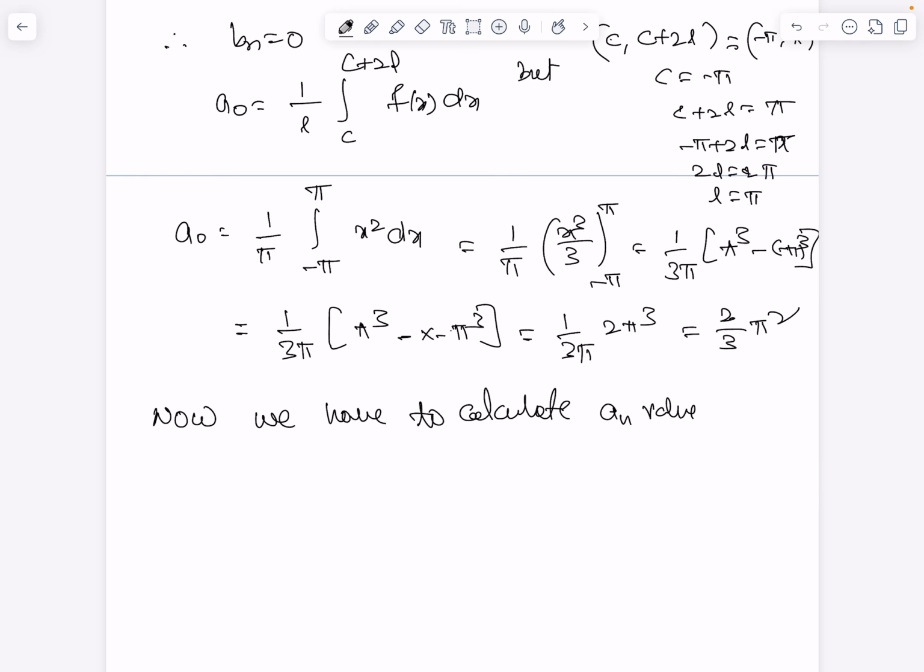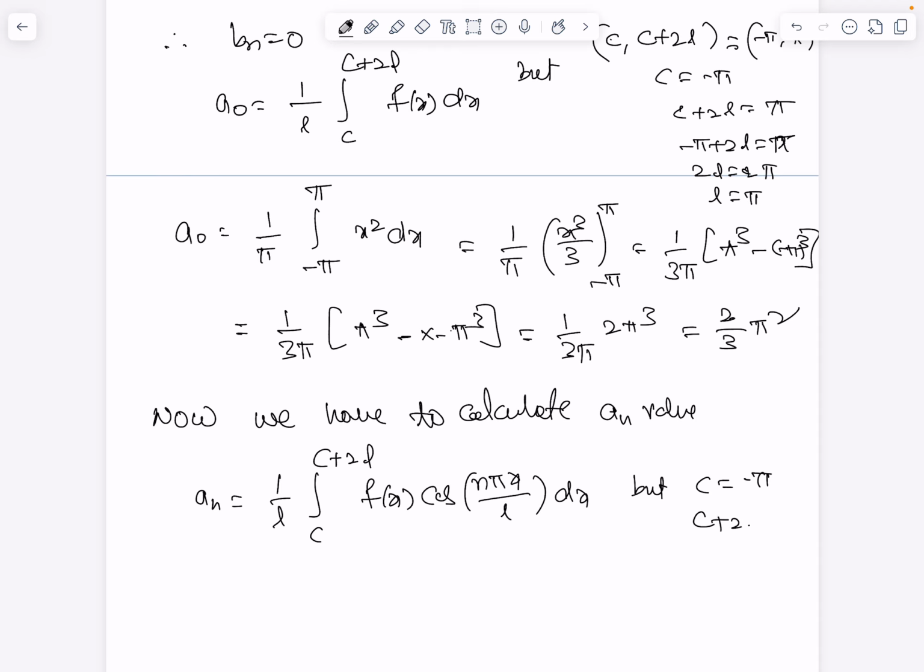Now we have to calculate the an value. To calculate the an value, we have to use the definition. An is equal to 1 by L, integral from C to C plus 2L of f of x cos n pi x by L dx. But C is equal to minus pi, C plus 2L is equal to pi, L is equal to pi.